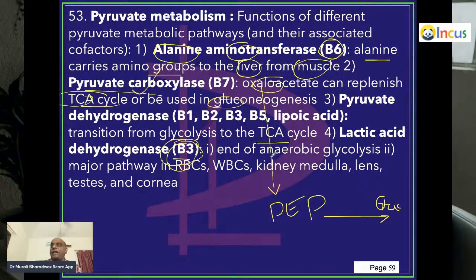So whenever there is anaerobic glycolysis, because normally how will glycolysis end? Glycolysis will end into pyruvate. Pyruvate becomes acetyl-CoA, right? My pen is not there. I'm just using the mouse. Apologize me.